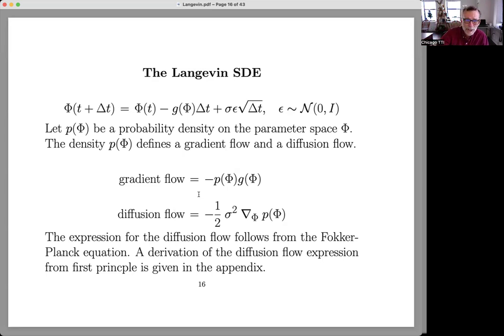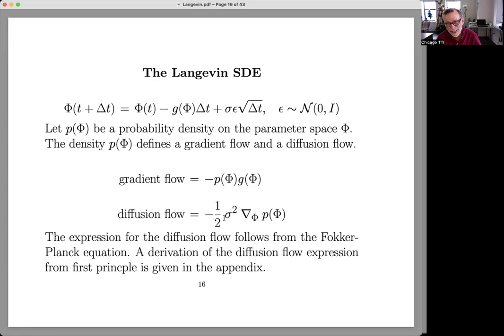And there's also a gradient flow. Each perfume particle will fall due to the force of gravity, assuming it's a heavy molecule. In this equation, the gradient is pulling parameters in a certain direction, and this term creates a diffusion flow vector.